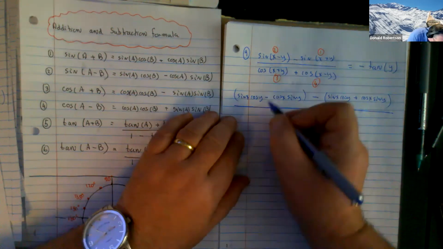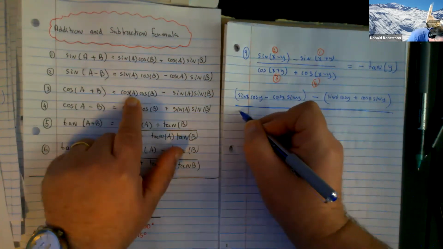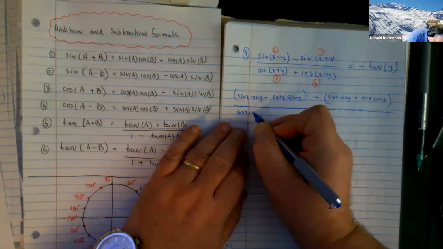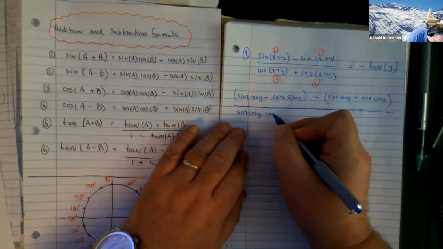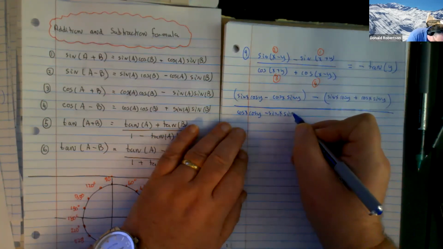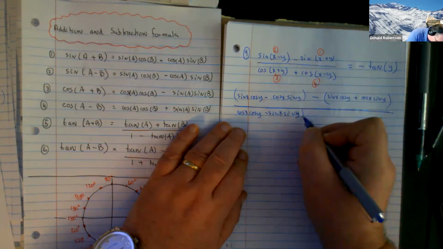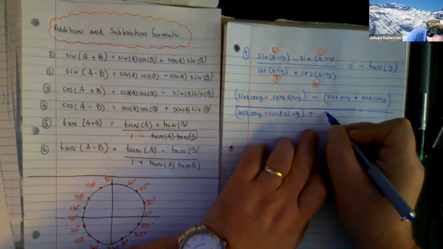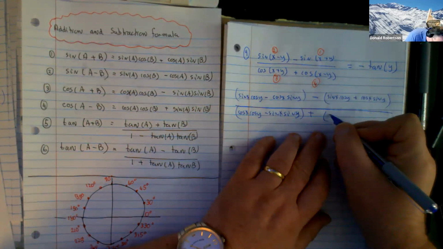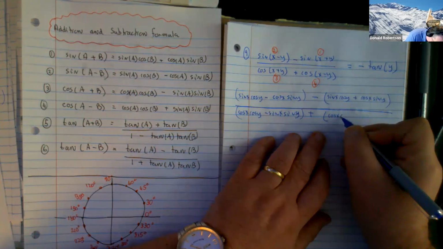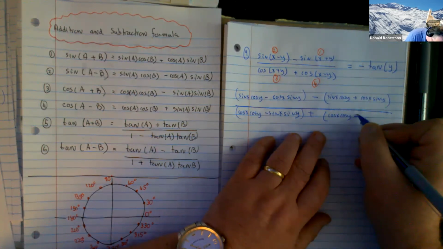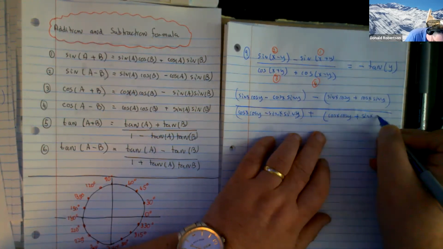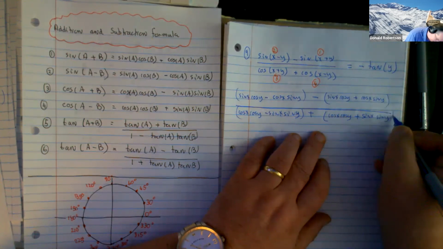Number 3 is this fella. So it's going to be cosine x cosine y take away sine x sine y. Add this fella here is cosine x cosine y plus sine x sine y.